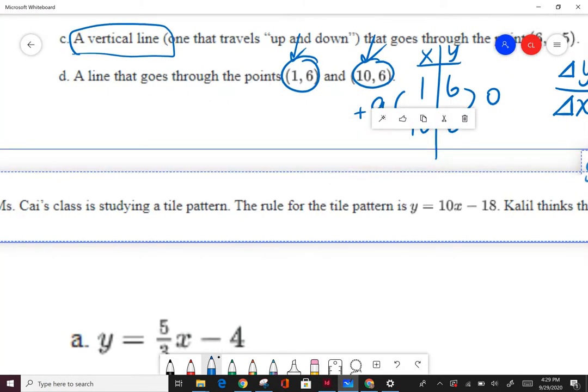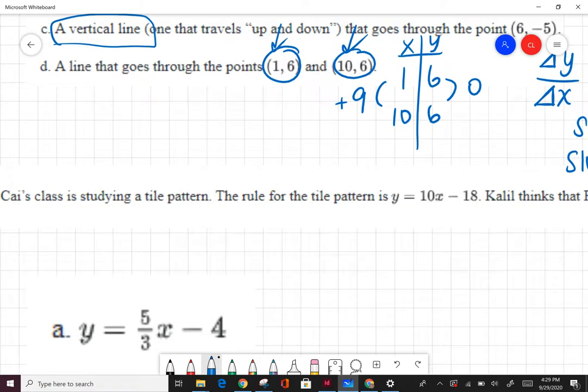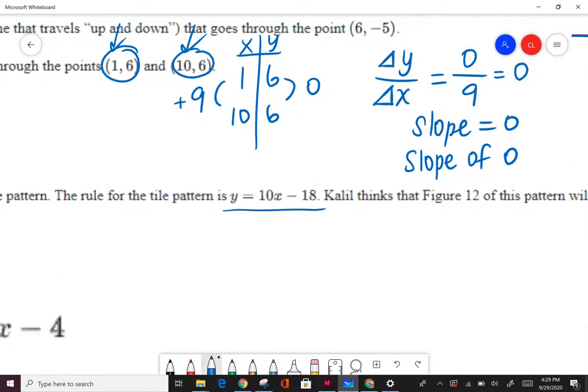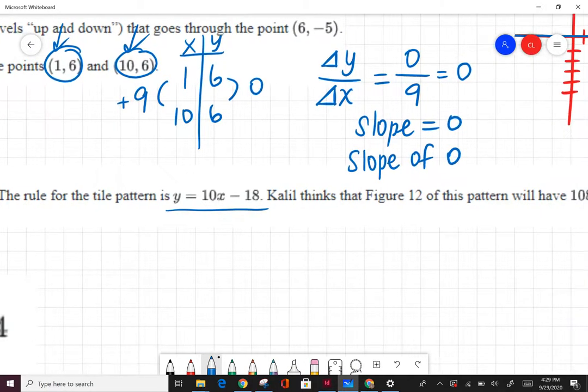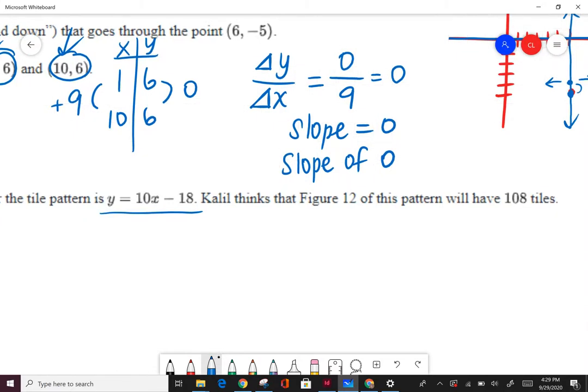Next one, this one says Miss Kai's class is studying a tile pattern. The rule for the tile pattern is y equals 10x minus 18. Khalil thinks that figure 12 of this pattern will have 108 tiles. So I'm going to go ahead and remember how the y represents the tiles and the x represents our figure. So if that's the case, I'm going to go ahead and put 12 into our figure.